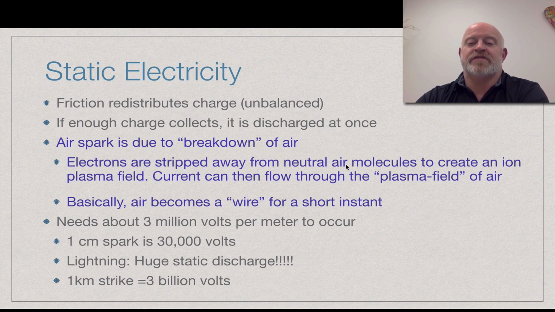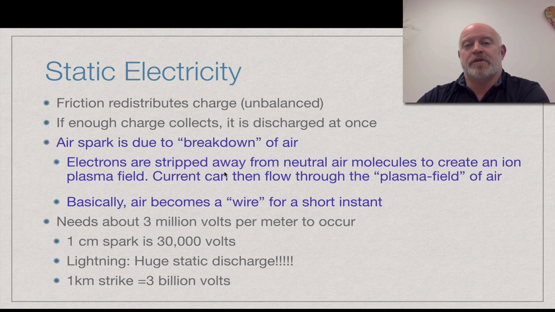So we create this very thin plasma field in our air. Through that plasma field, electrons can flow. So we basically create a bridge between our finger and the door handle, or the cloud and the earth, for this plasma field to develop. In the instant that it develops, all these electrons dump from your finger into the door handle, or from the cloud to the earth.